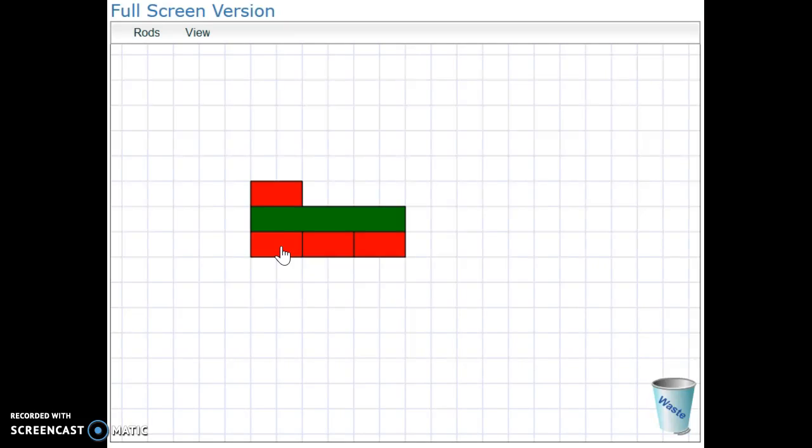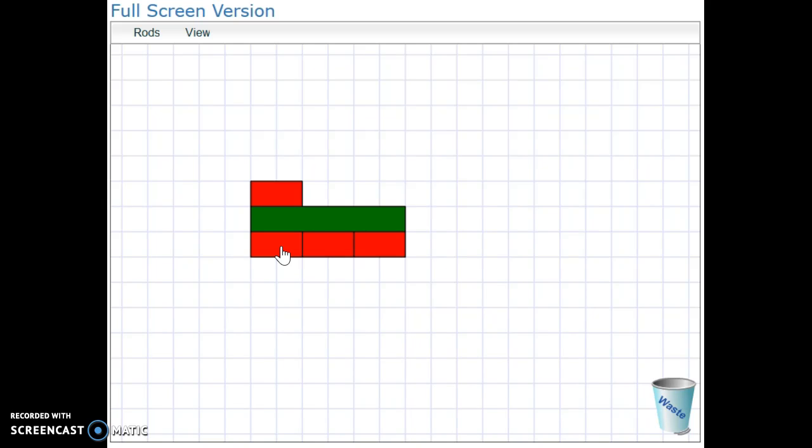Our first question is, if the dark green rod is the unit, what fraction does the red rod represent? So I pulled out the dark green rod and I see that 3 red rods can be placed on the bottom to make it equivalent. But I'm only interested in 1 red rod.